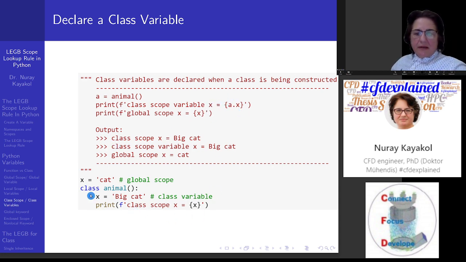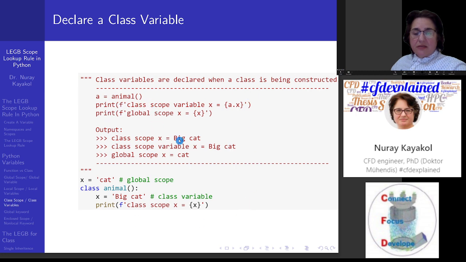You see, when I create an object named a, what it prints is class scope x, which is big cat, and then I want to reach this value x outside of this class.